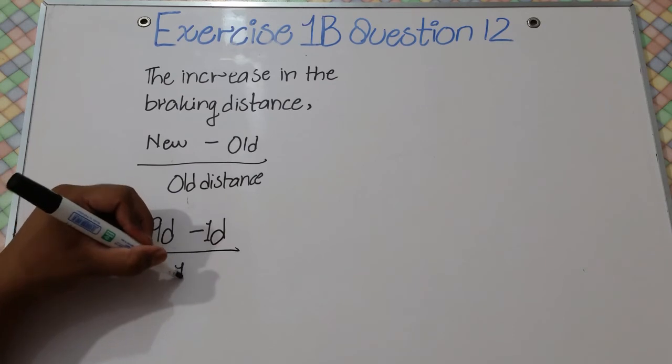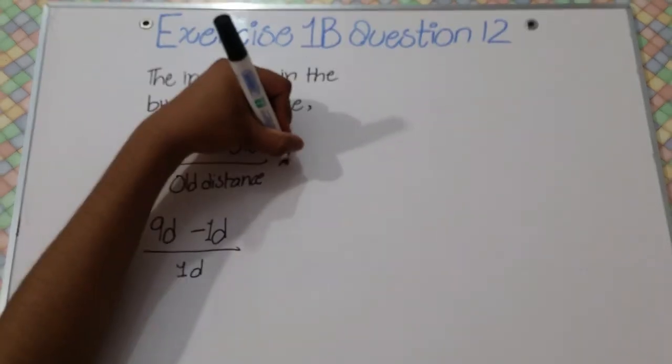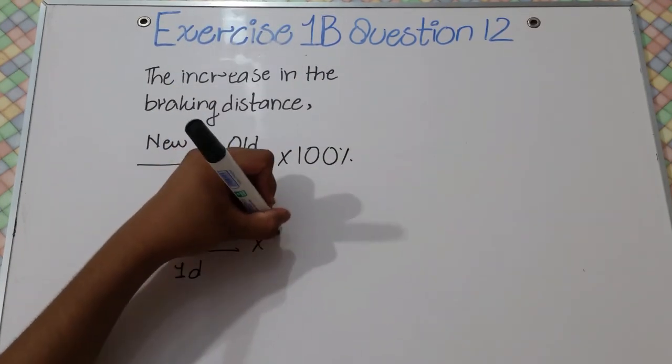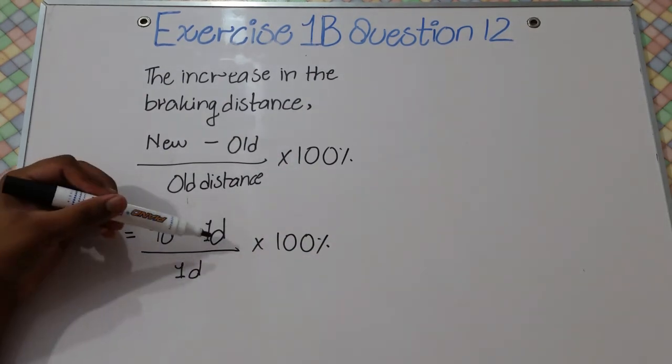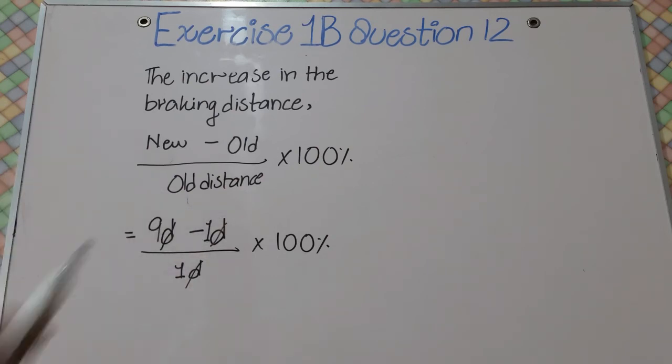If I write 1d over here also, and as you all know we are finding percentage, so we are going to multiply by 100%. So now if we just cut the d's like this, d and d, this d is cut.